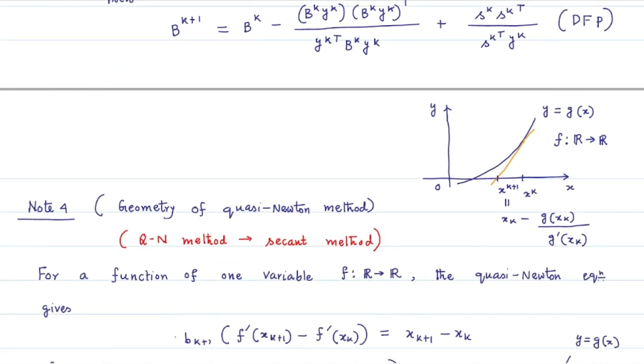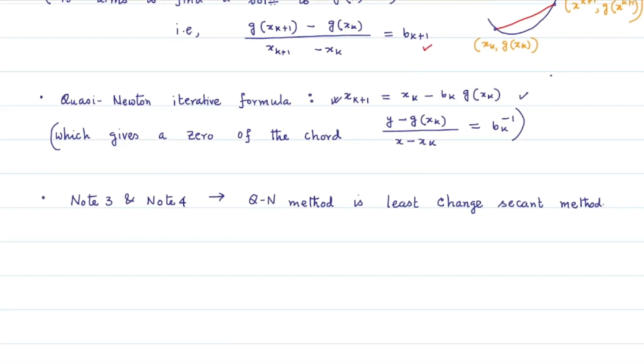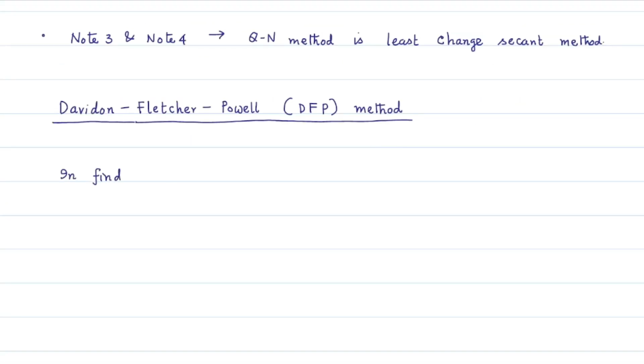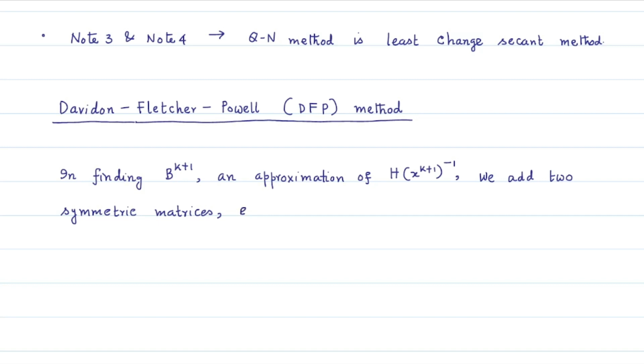The DFP method is derived as follows: in finding bk plus 1, which is an approximation of the Hessian inverse at the point xk plus 1, we add two symmetric matrices, each of which is of rank 1, with the earlier matrix bk.